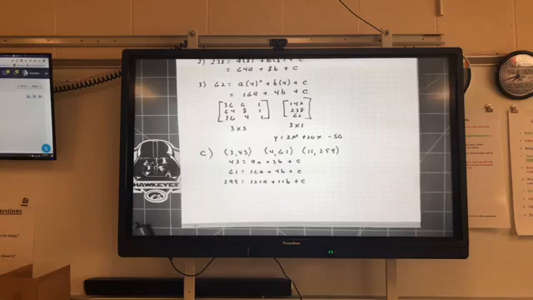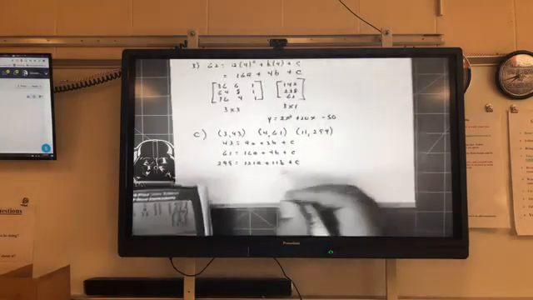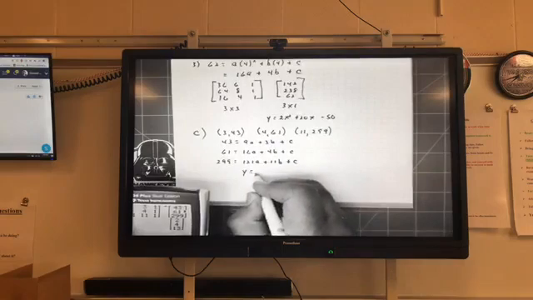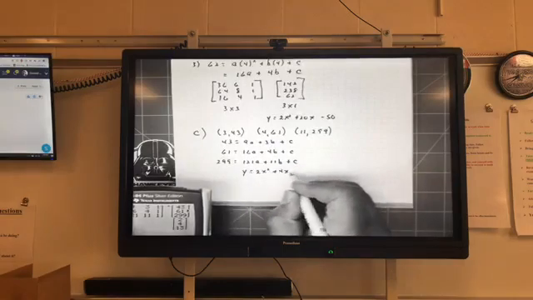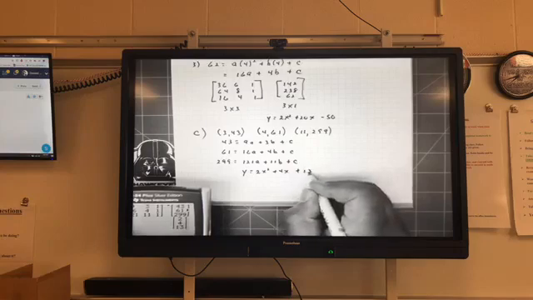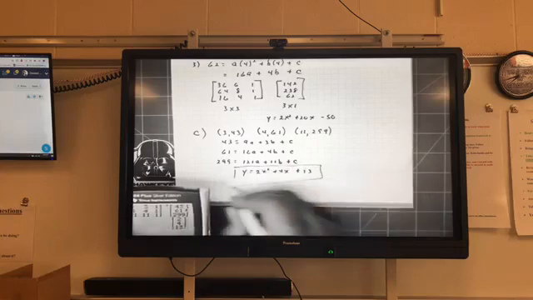And I put in 43, 61, and 299. And the answer I get is y equals 2x squared plus 4x plus 13. Anyone else get that answer?